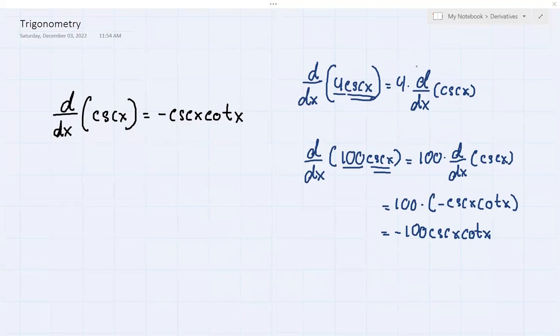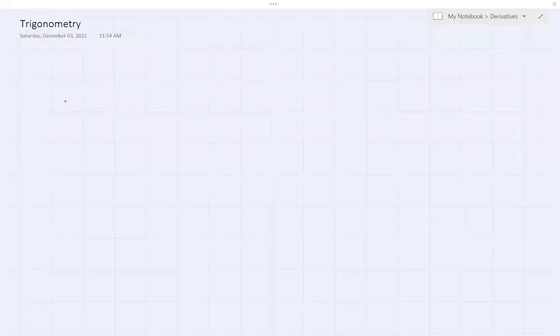Now, let's proceed to the next one. So, if we have cosecant x, we have secant x naman. Okay? So, let's get the derivative of secant x.